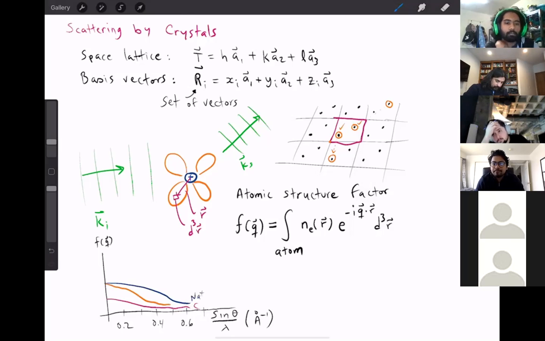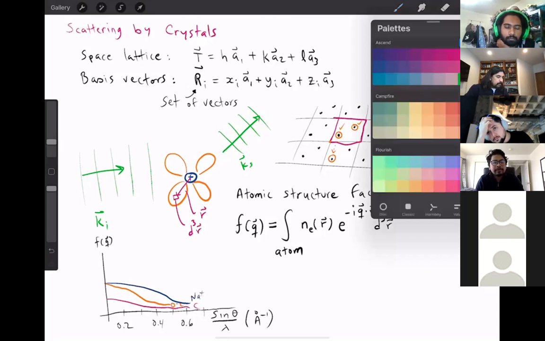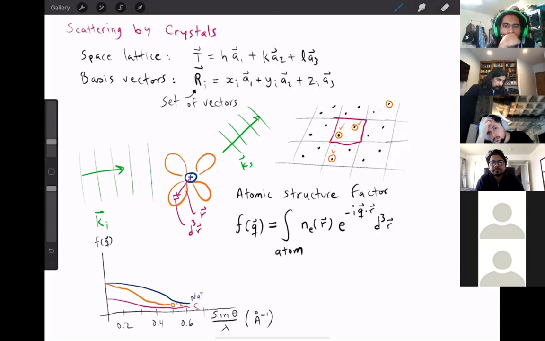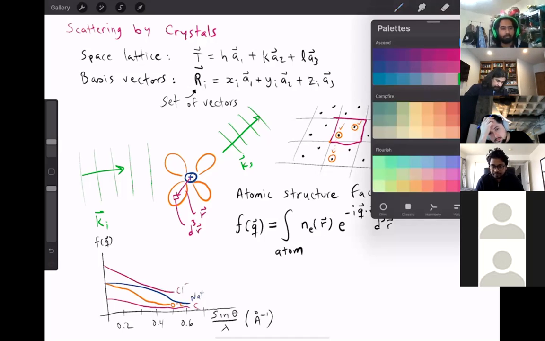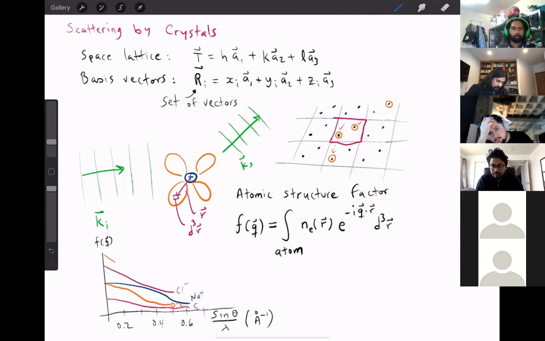It looks like that for oxygen. Chlorine. And then iron would be over here. And it's just decreasing like that. So this is the atomic form factor as a function of the scattering vector Q.